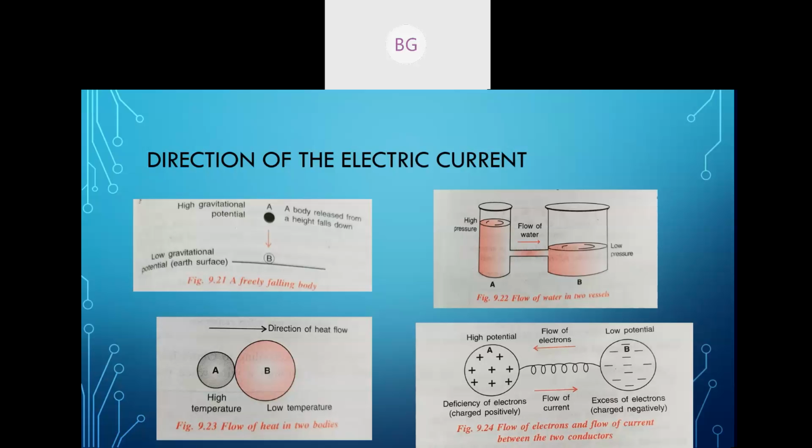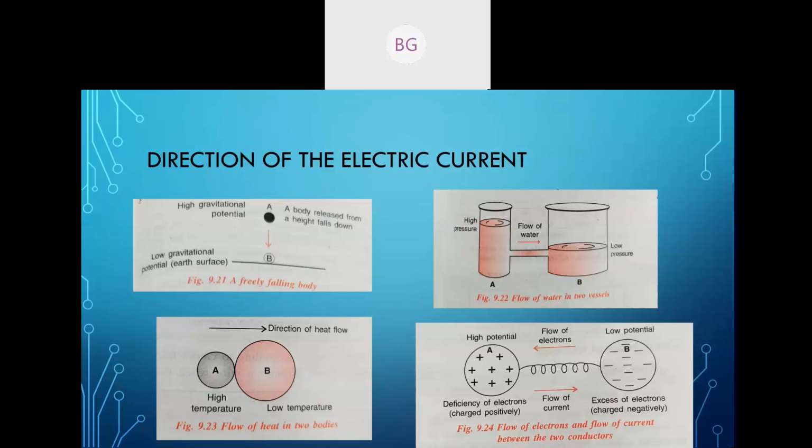So in general, in the universe, anything it may be, the direction of flow is always from higher level to lower level. This principle is used in the flow of electrons. That is why we saw the direction in the previous topic. So now if I connect a positively charged body and a negatively charged body, in the positively charged body, the number of protons is more, and in a negatively charged body, the number of electrons is more.